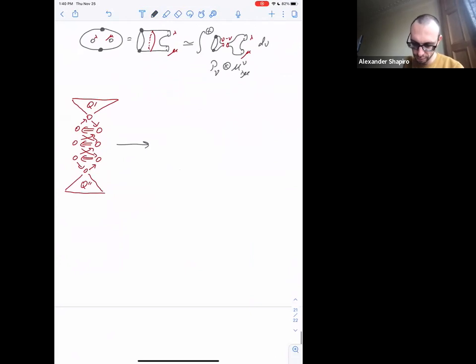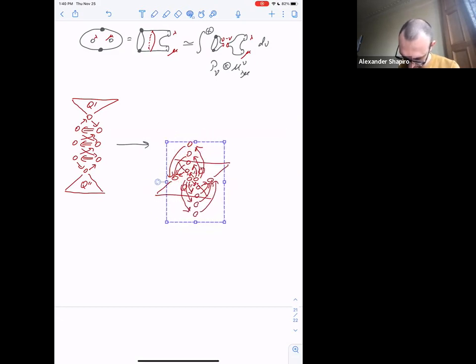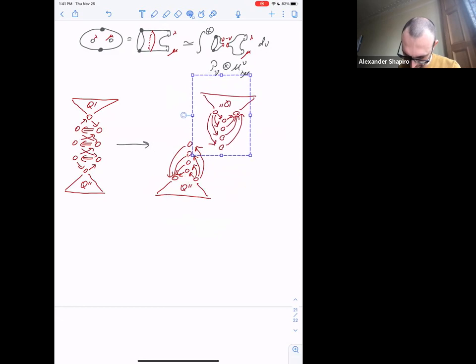Instead we produce two pictures of the following kind. It's going to be slightly tricky. 1, 2, 3, 4. And I guess like that. So this is one picture, and another picture is just a rotated image of this same one.